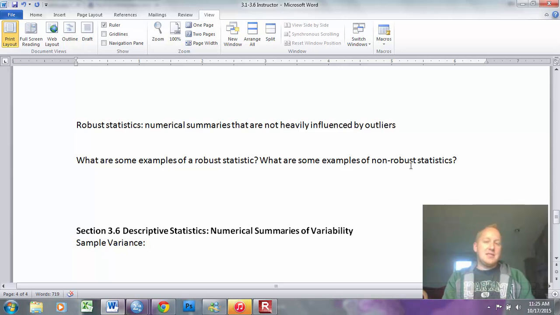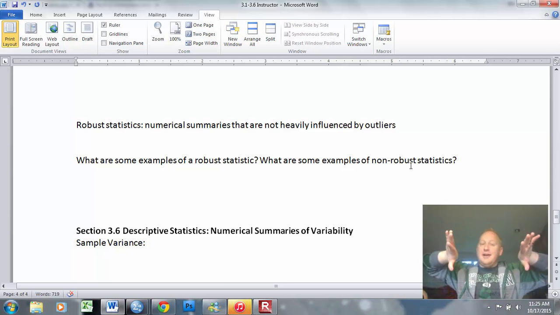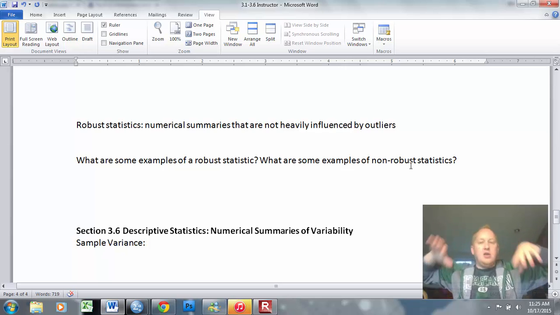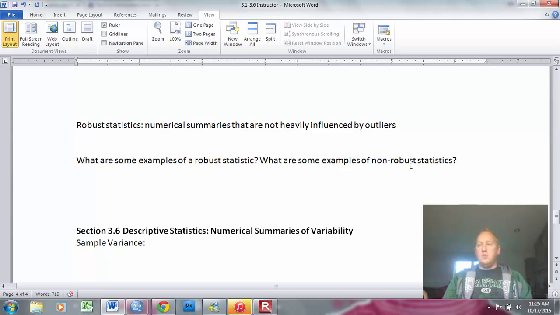These are robust statistics because if you're an outlier, you're not in the middle 50% of the data. So you are not affecting Q3 or Q1 or the IQR at all. So what we've seen so far, Q1, Q3, IQR, and the median are all robust statistics. They're not impacted by outliers.